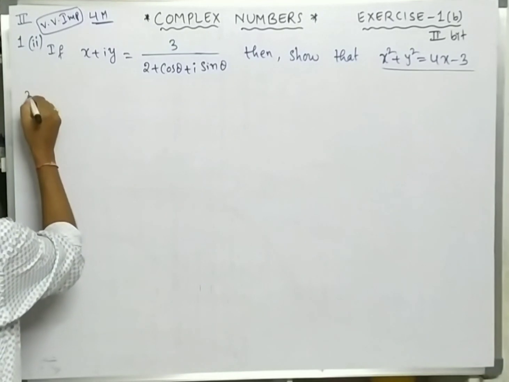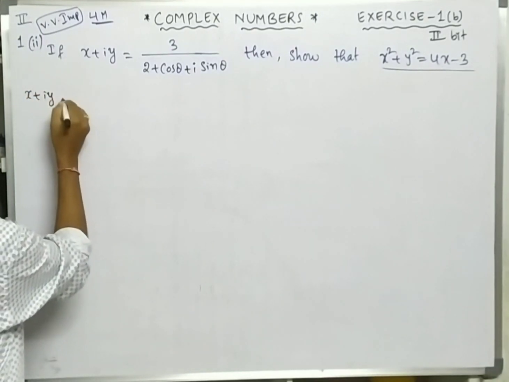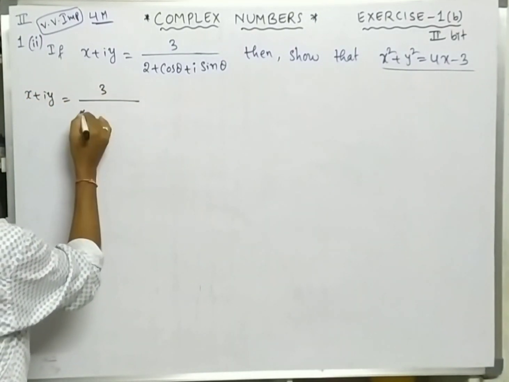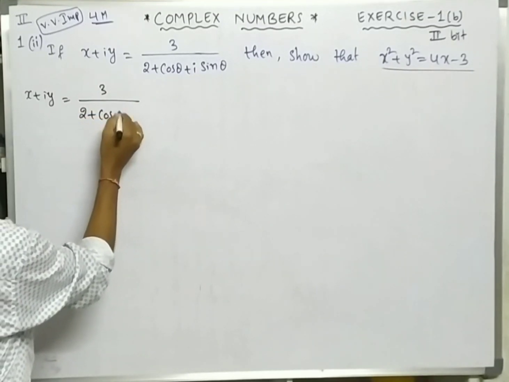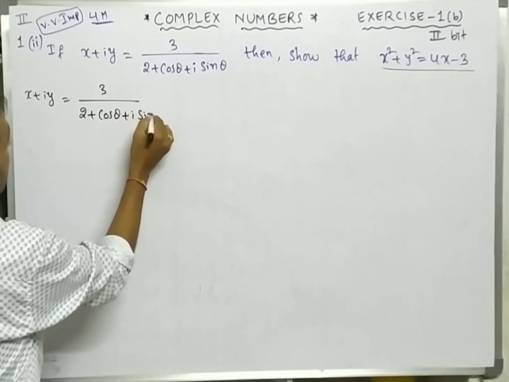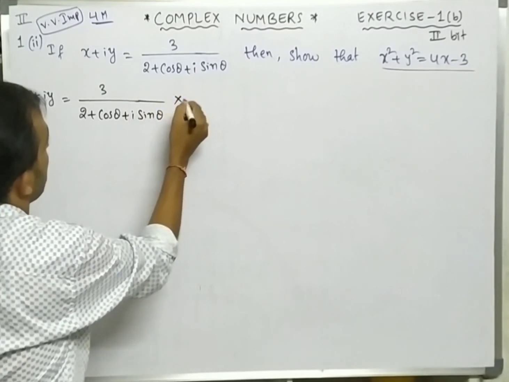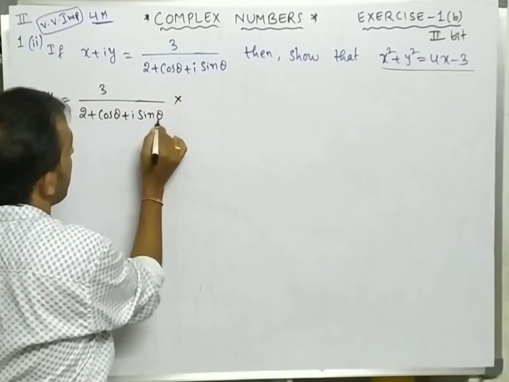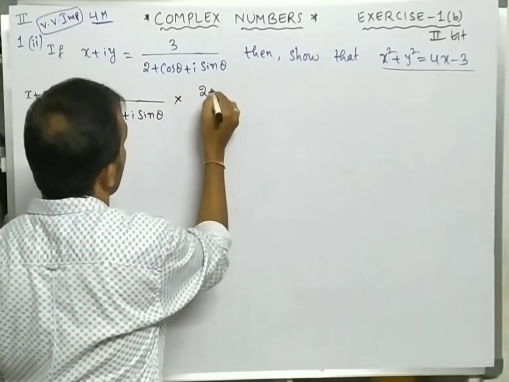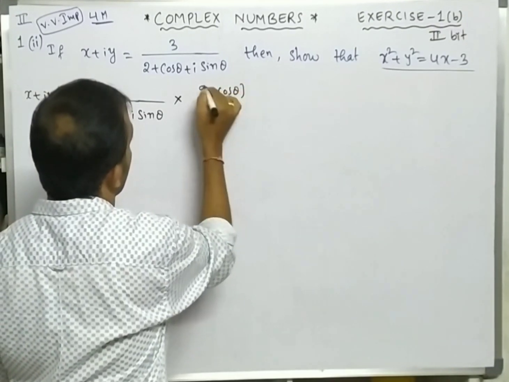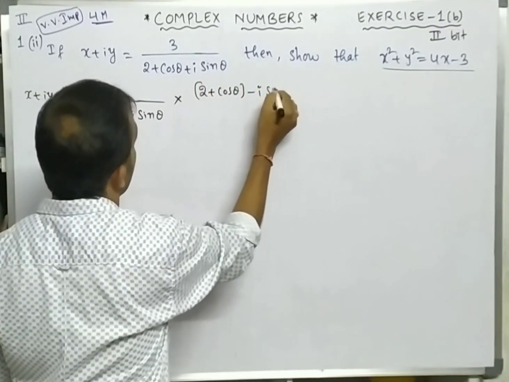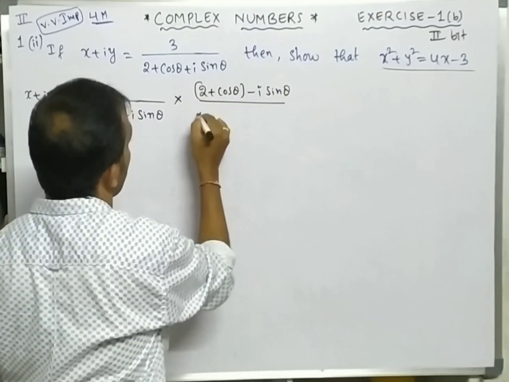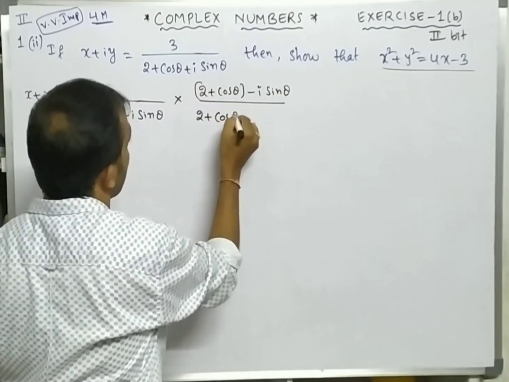So x plus iy is equal to 3 by (2 plus cos theta plus i sin theta); multiply numerator and denominator with the conjugate of the denominator. What is the conjugate of the denominator? 2 plus cos theta minus i sin theta, multiply numerator as well as denominator.